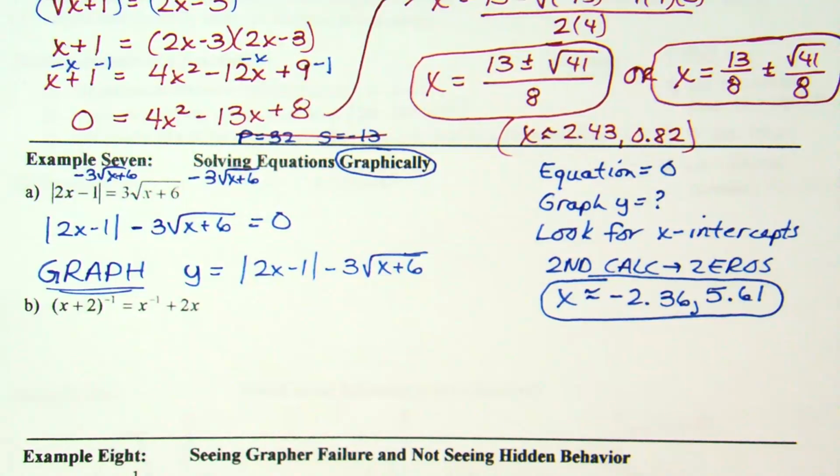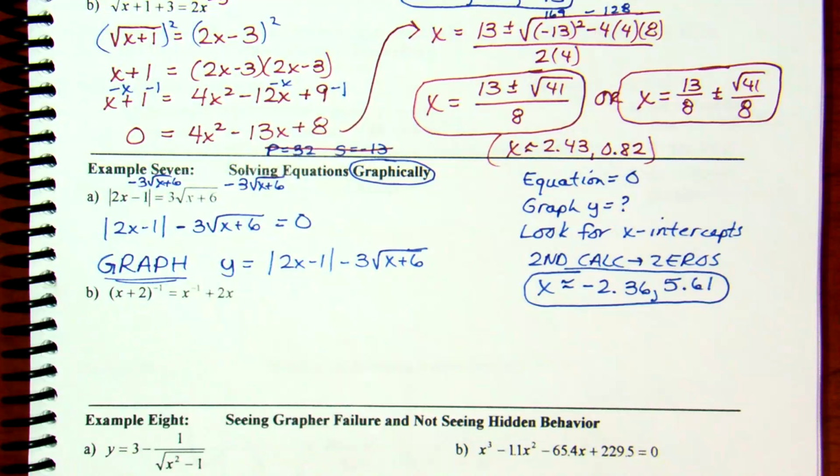That's what you're doing on number 40 tonight. So 40 to 46 are graphing, and then 51 has to do with the hidden behavior.